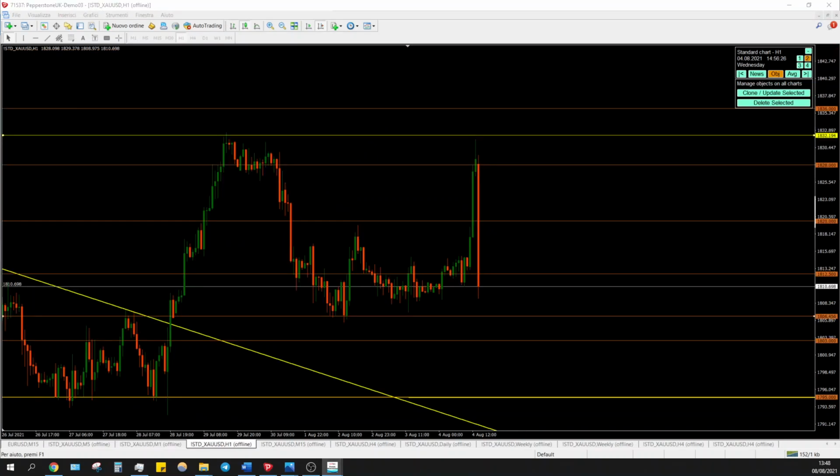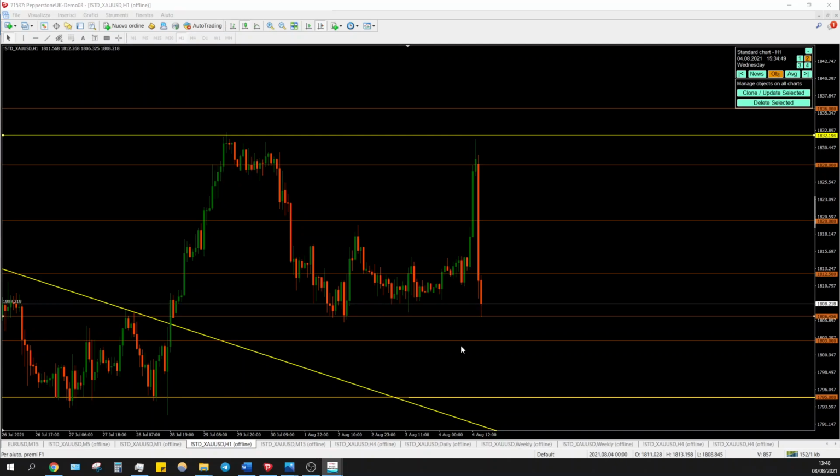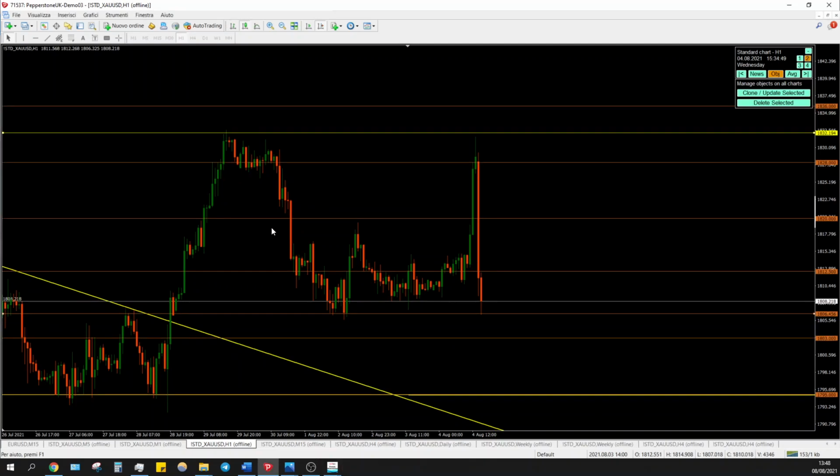But look, I give you another question. Do we have enough fundamental reasons now to break below these previous highs, this support 1803, 1806, 1803, to retest 1795 yet?